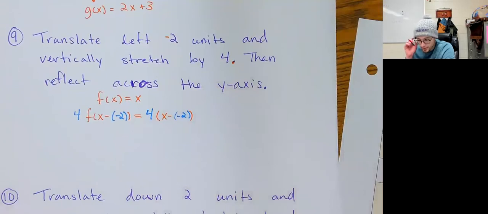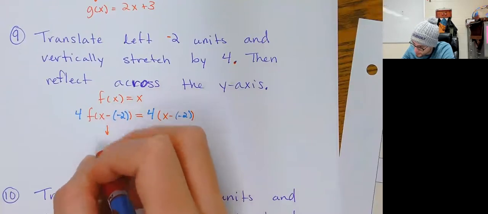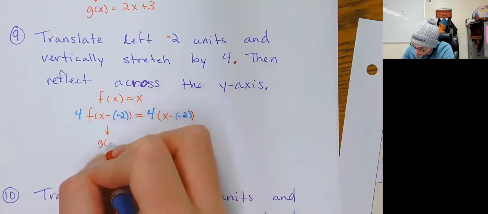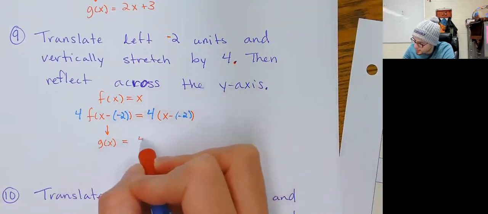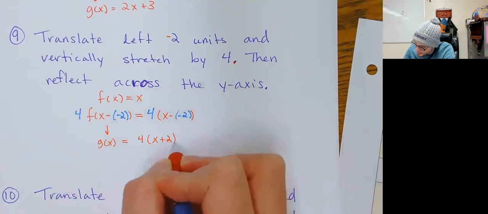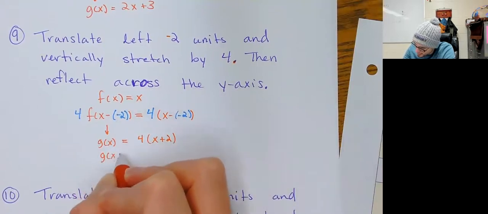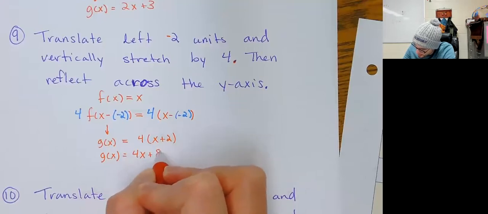So what do we have here? We have a new function, which we will call g(x) equals, okay, well, this would be 4(x + 2), which means this will be 4x + 8.